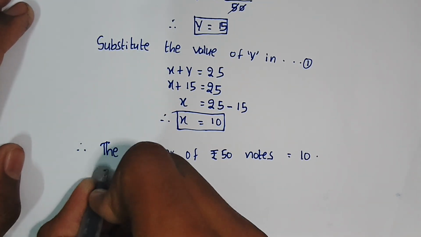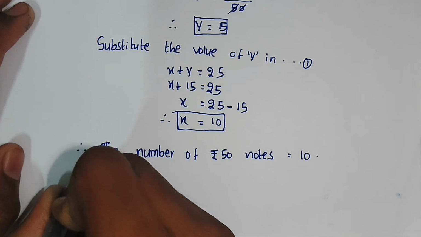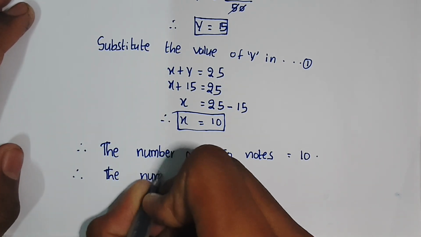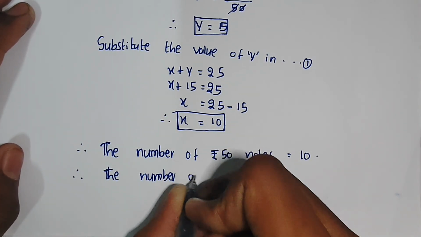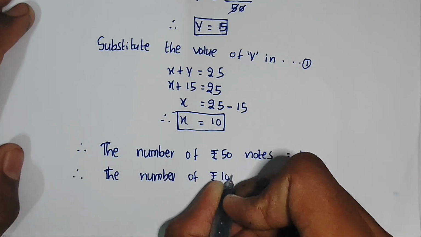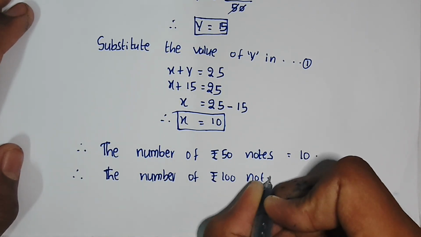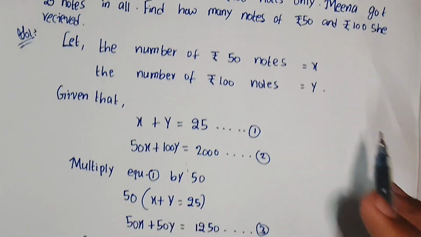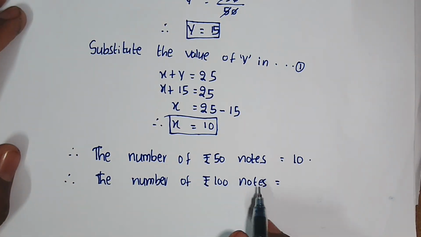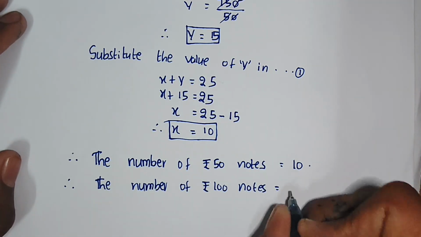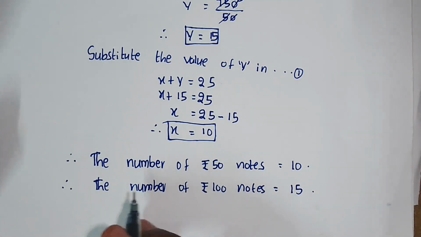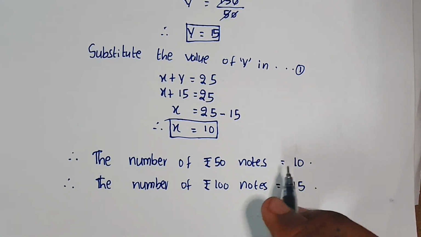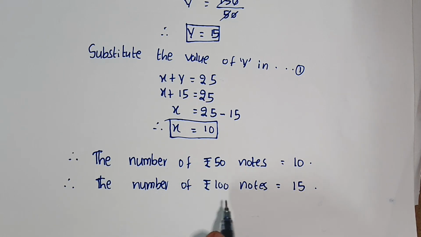Therefore the number of ₹100 notes is y. So the number of ₹100 notes is 15. The number of ₹50 notes that we got is 10 and the number of ₹100 notes is 15. She received these. So we have completed the fourth question.